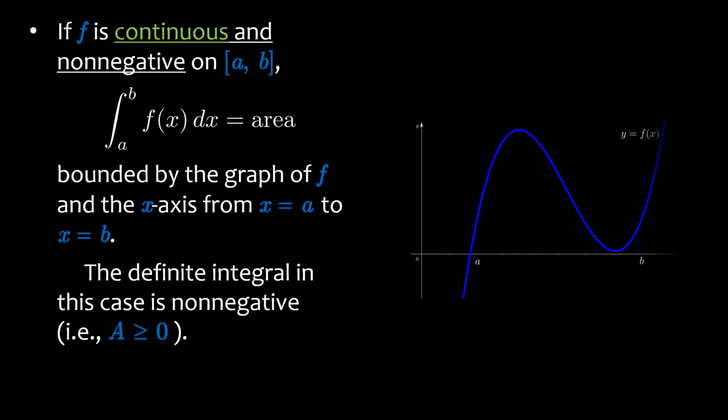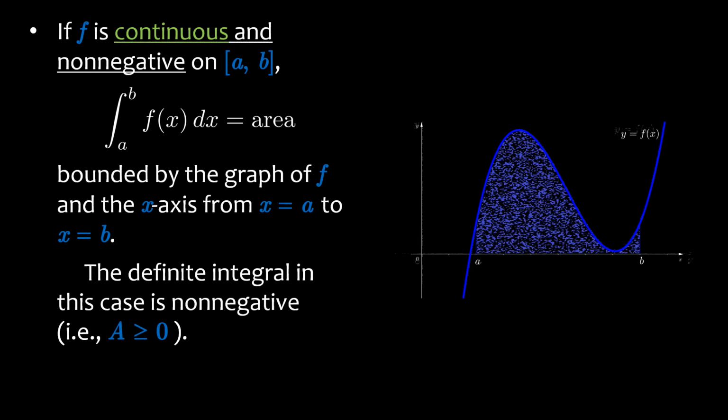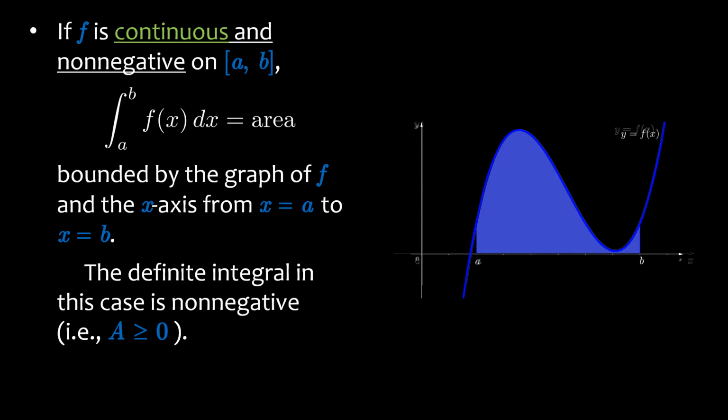Consider the following figure. Getting the definite integral of a continuous and non-negative function f on the closed interval a, b denotes the area of the plane region bounded by f and the x-axis from x equals a to x equals b.